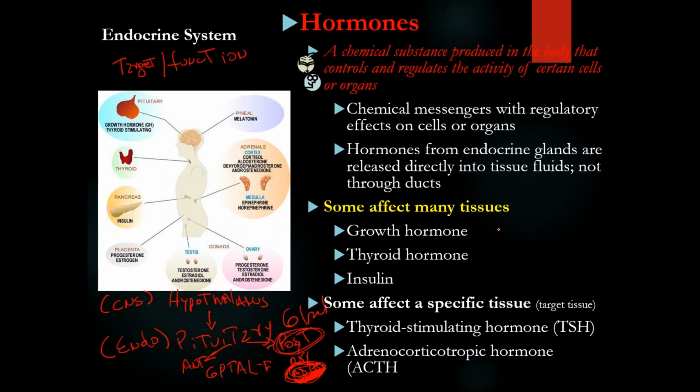Now, in the posterior pituitary gland, the neurohypophysis, we have the ADH, and the target organ is going to be the kidney. And what the kidney is going to do is reabsorb water. And the other one is the oxytocin.